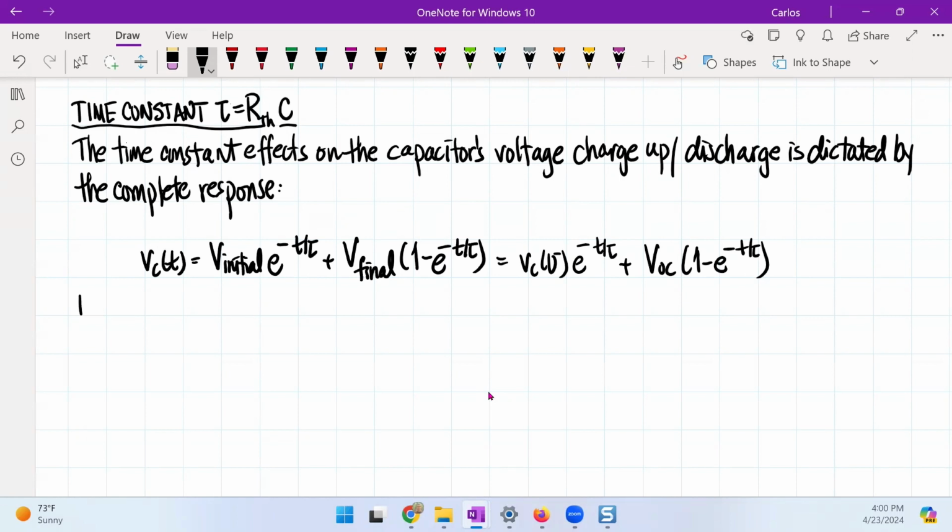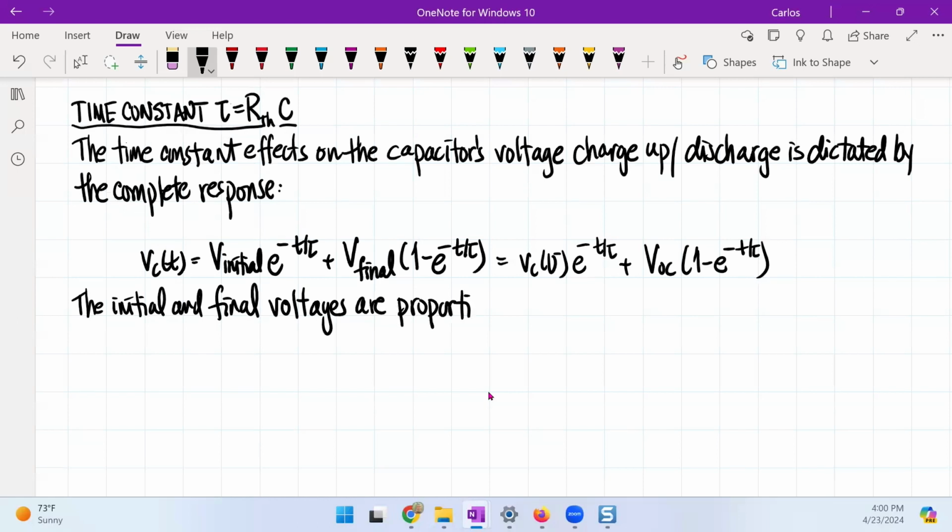So the final voltage, let me be careful, the initial and final voltages are proportional to two functions.